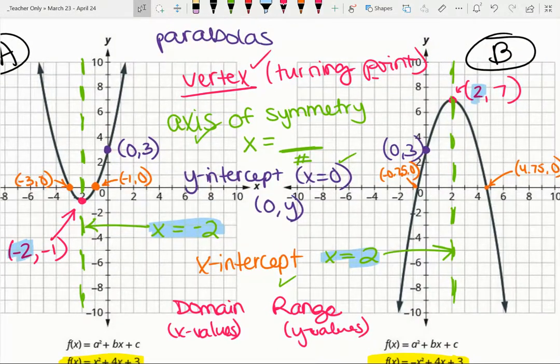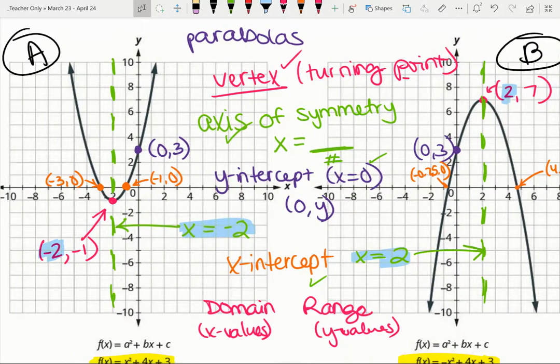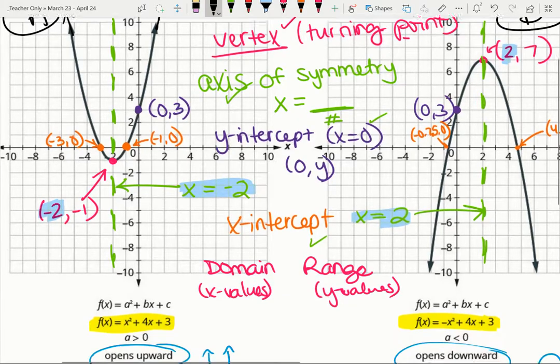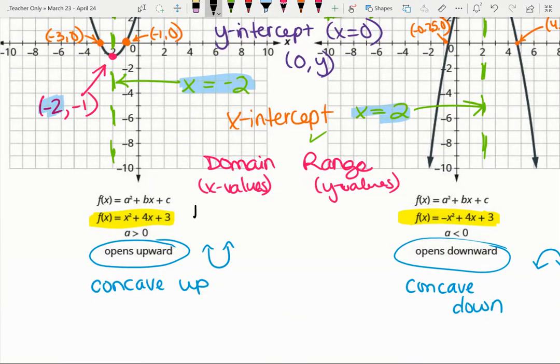And one thing to remember for our parabolas here, our quadratic functions, is that the domain is always going to be the same for all of these quadratic functions. Those arrows that go up and up forever, they also go to the left and to the right forever, which means that our domain for every parabola is going to be all real numbers.